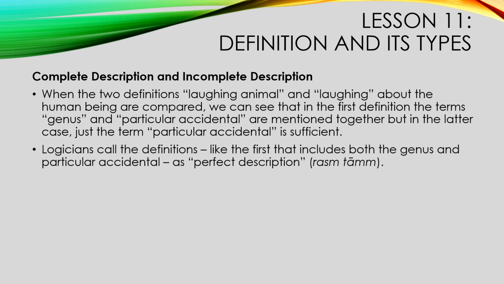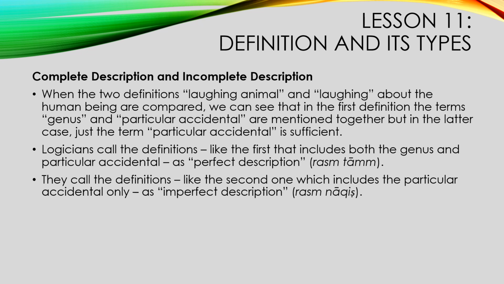Logicians call the definitions, like the first, that includes the genus and particular accidental, as perfect description, rasmun tām.